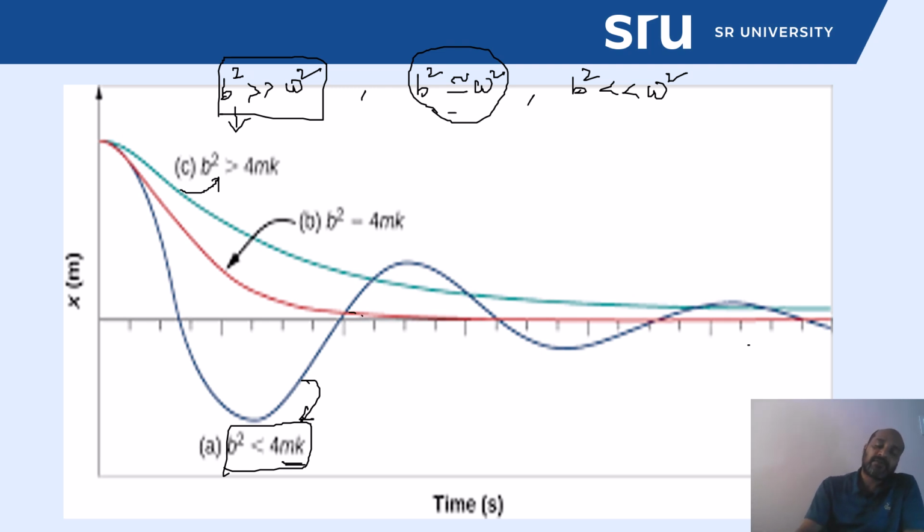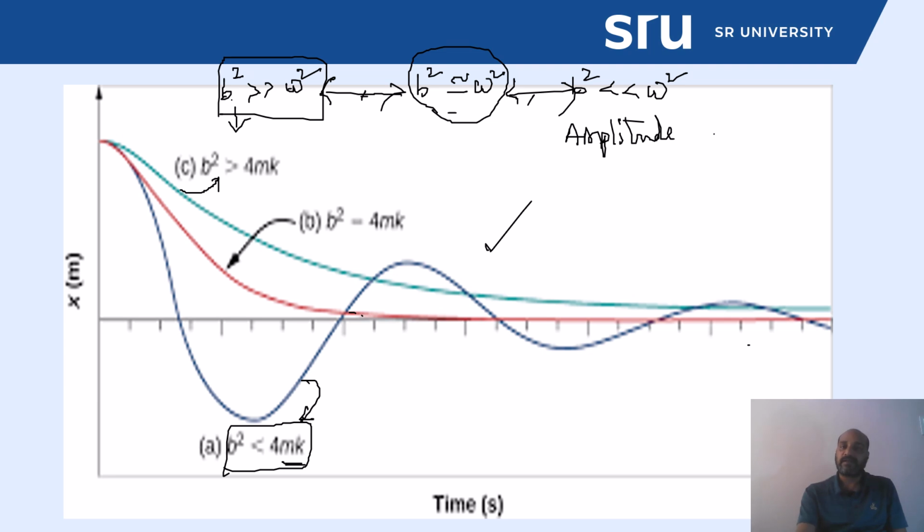So this graph indicates the relation between b square and omega square for the three possible conditions simultaneously. Right? So what is the conclusion? The amplitude is decreasing in case of damped oscillations, but the speed of decreasing is as follows.